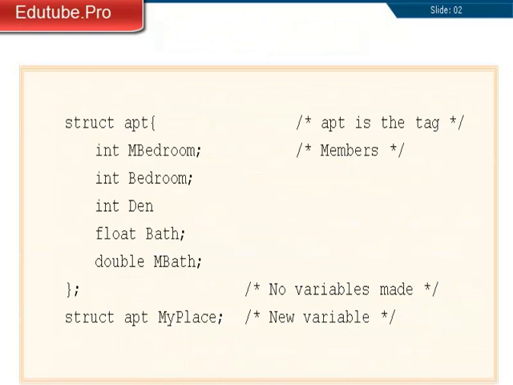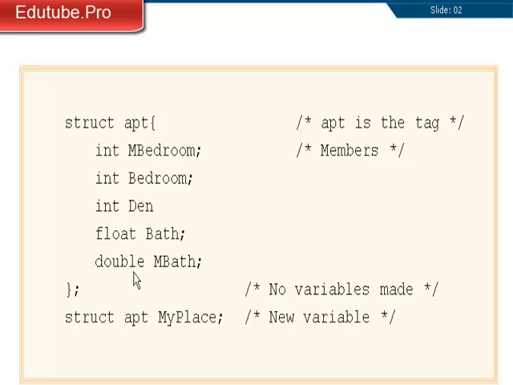Now here's a simple little structure declaration and then a new variable definition. Two different animals here. At the top, struct APT, this is an apartment that we're laying out here. That's the tag. APT is the struct tag, and that is optional. We could leave that off. But if we did, in the format that we're using, it wouldn't make any sense.